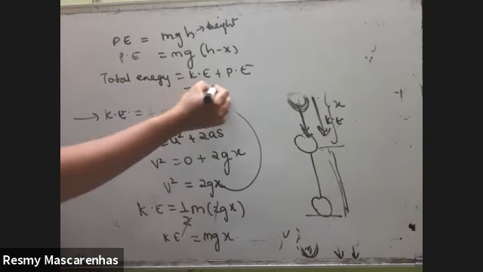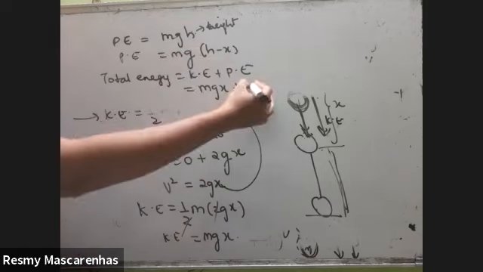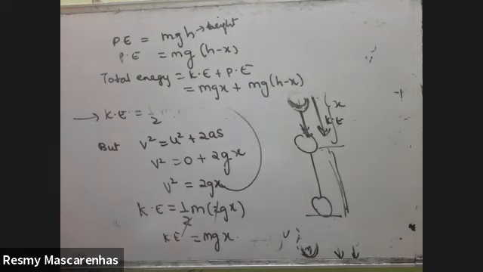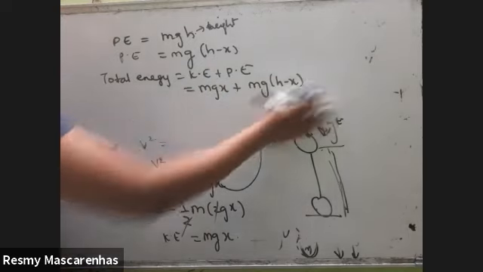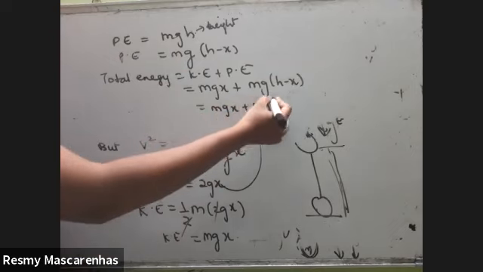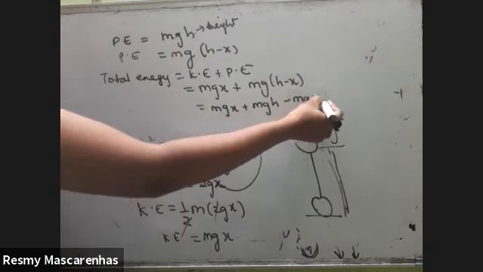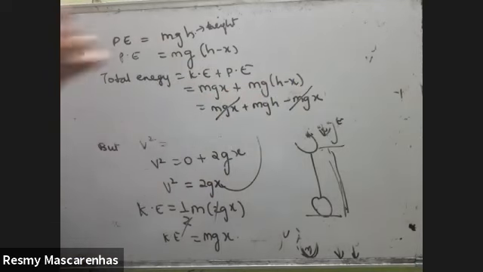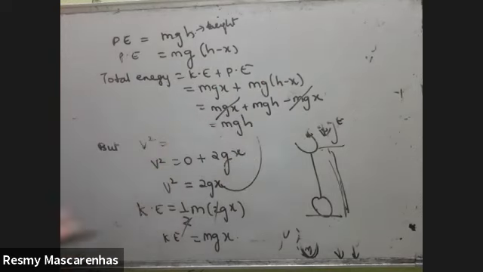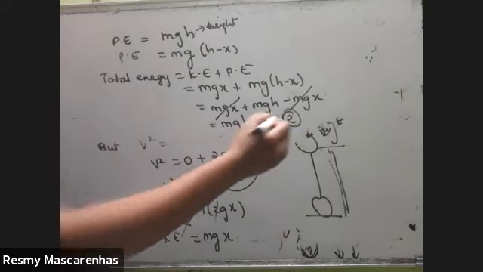Kinetic energy I got as mgx, and potential energy I got as mg times h minus x. Now open up the bracket and multiply inside. Finally, I'm getting mgh. Mark it as equation 2.